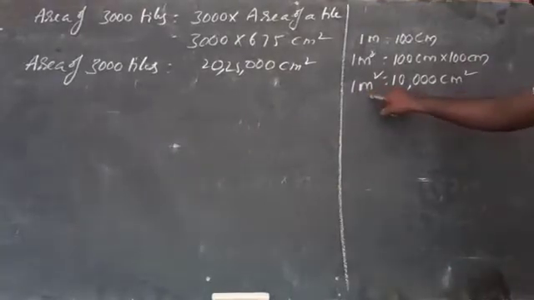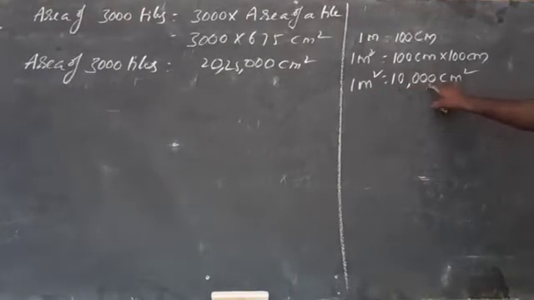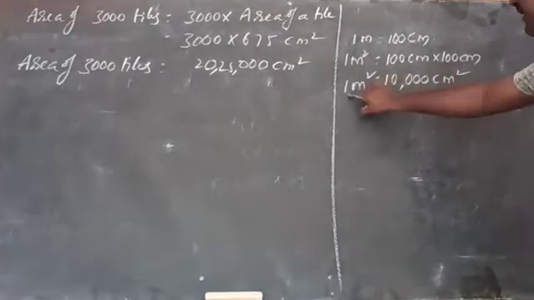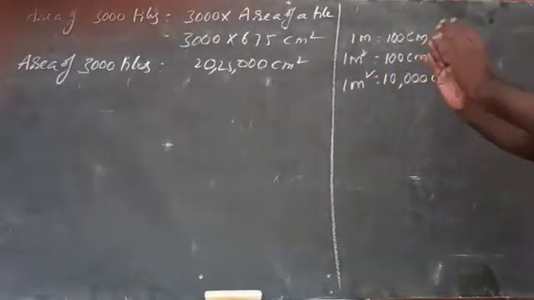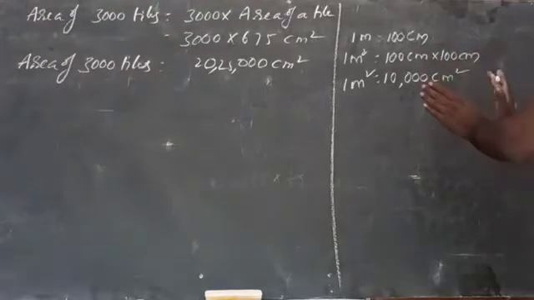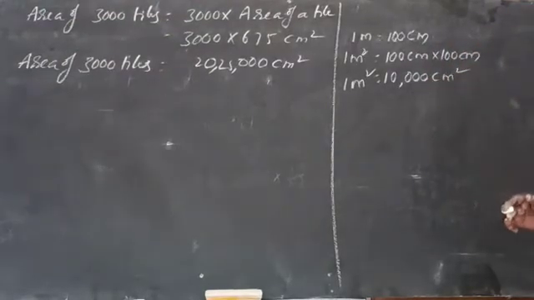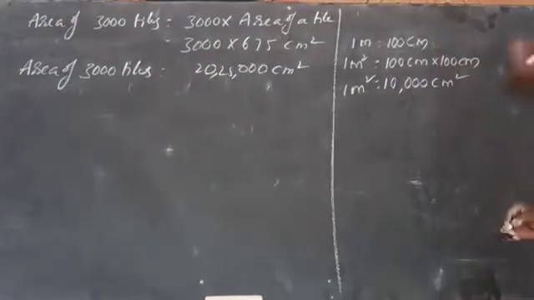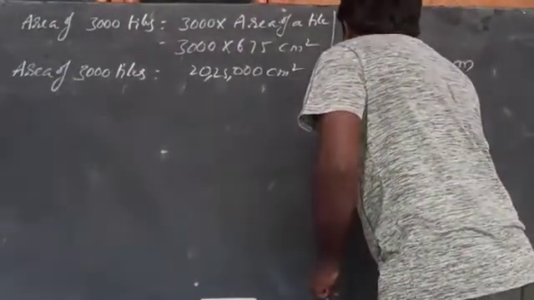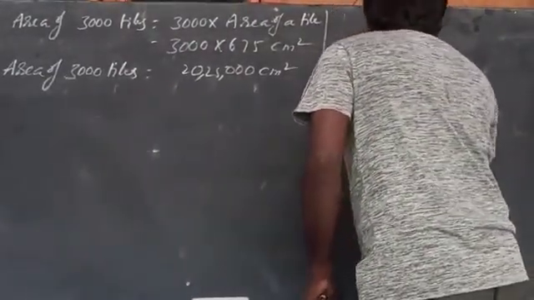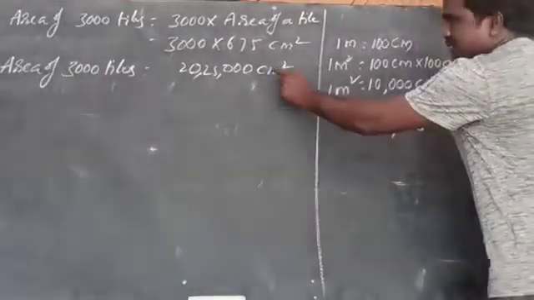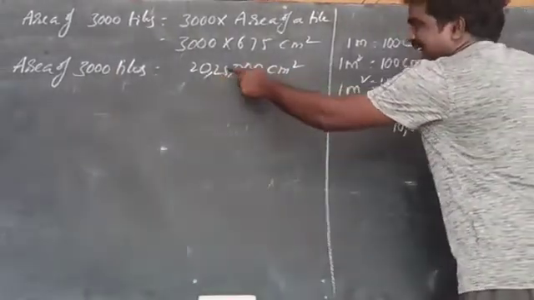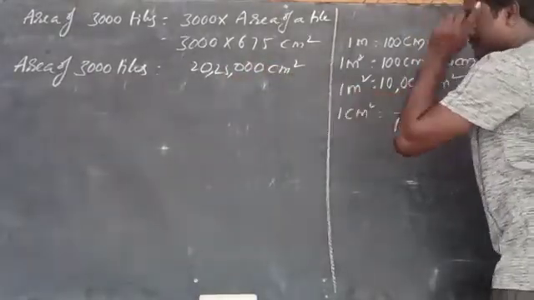So 1 meter square is equal to how much? 10,000 centimeter square. That means 1 meter square is divided into 10,000 equal parts. In these 10,000 equal parts, what is 1 part? 1 by 10,000. So 1 centimeter square is equal to 1 by 10,000 meter square. Here how many centimeter squares are there? 20 lakh 25,000 centimeter square.